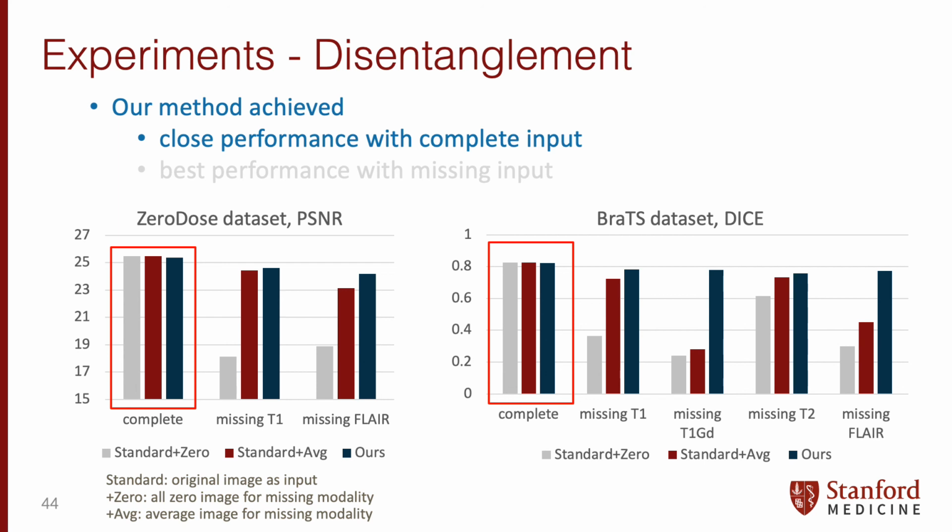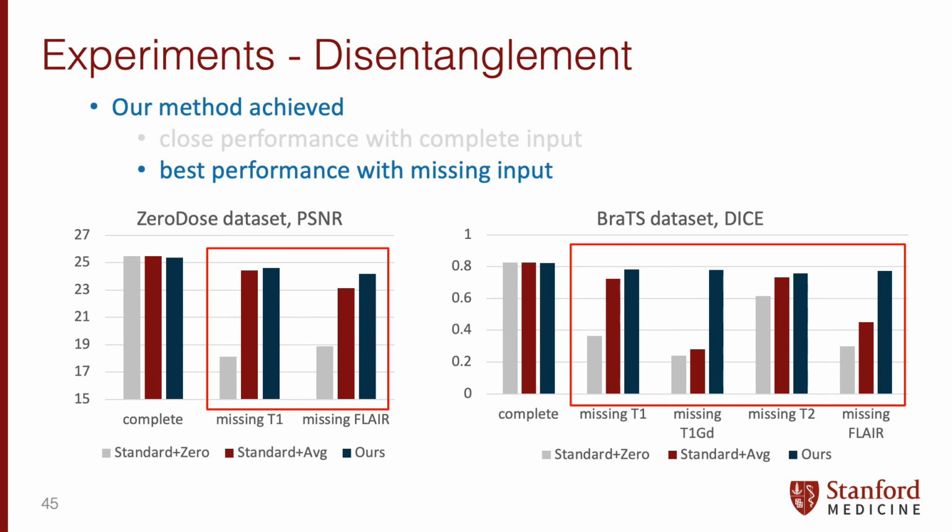While the standard plus AVG means using the average image for the missing modality. And in the red boxes, we can see when there is no missing modality, our method achieves similar performance as the standard method. And in the red boxes in this page, we can see when there is a missing modality, our method achieves significantly better performance.